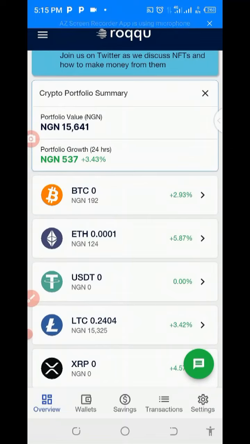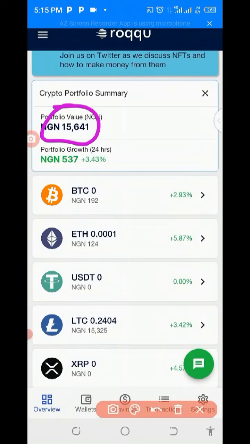Now, we have Bitcoin, we have Ethereum, we have Litecoin. Now look at my Litecoin. Can you see this money? Look at this one. That is my portfolio. This one is my crypto, and under this crypto is Litecoin.